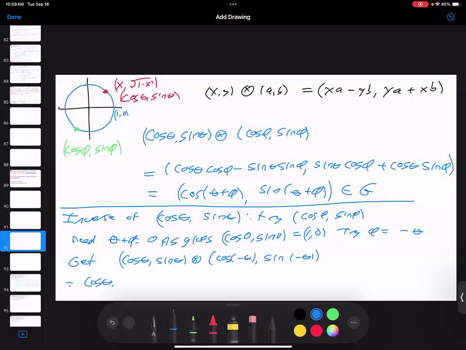In terms of even and odd, cosine is an even function. So cosine of negative theta is the same as cosine of theta. What about the sine of negative theta? How is that related to the sine of theta? Negative sine theta.